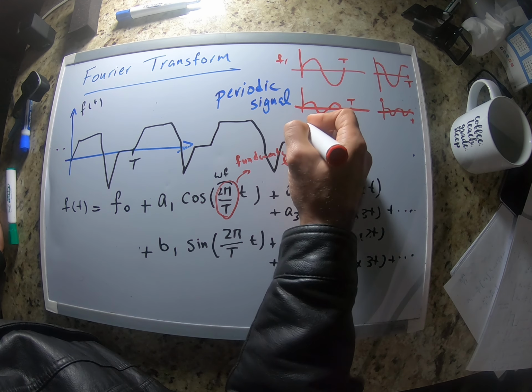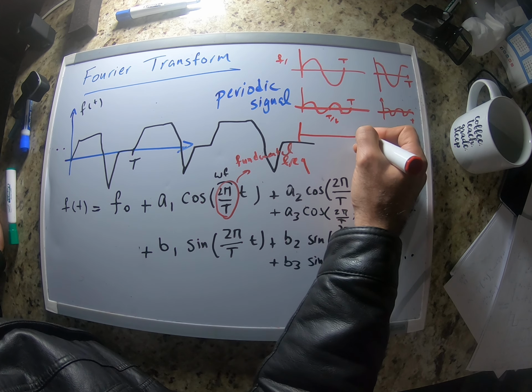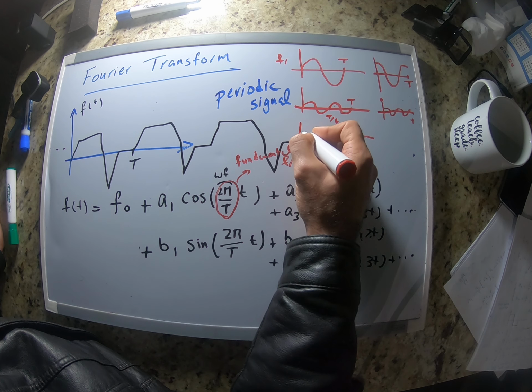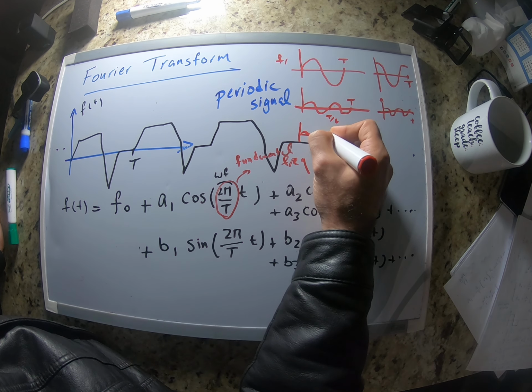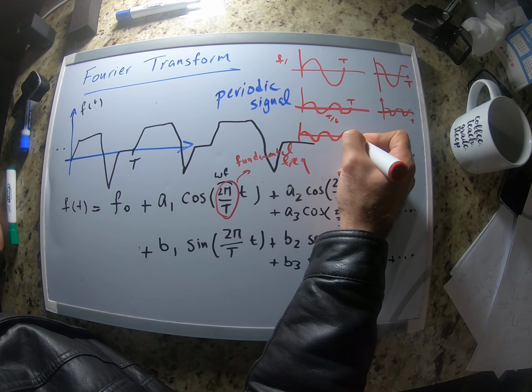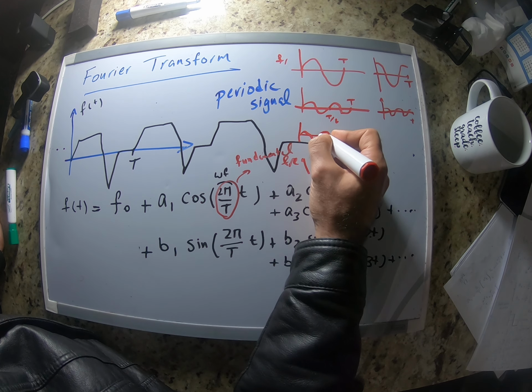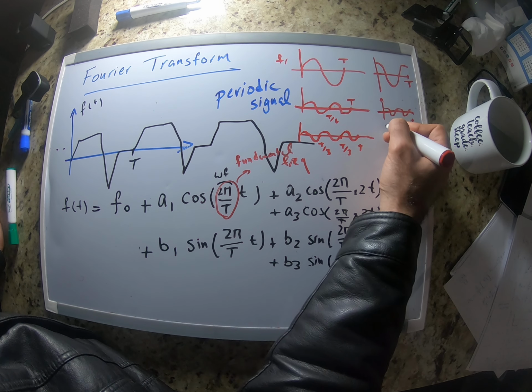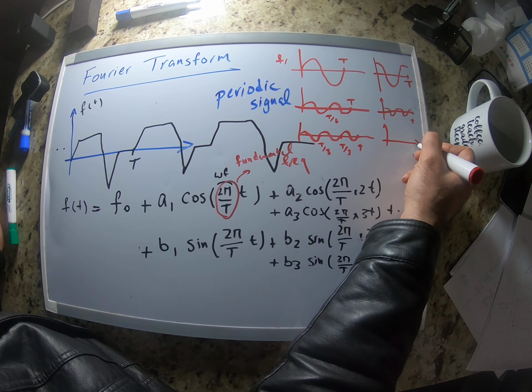And another one, maybe 3 times that, this is T. So let me just do this: one sine here, one sine here, one sine here, each of these is 3 over 3, 3 over 3, 3 over 3.